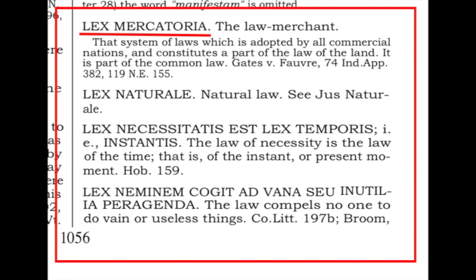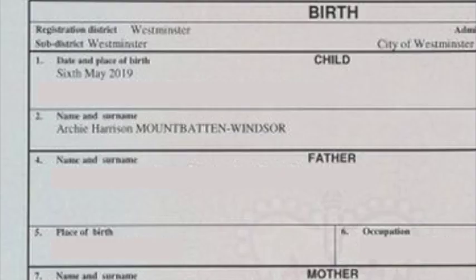Yeah, the Lex Mercatoria, the law merchant. Go and read it. Now, the thing about it, because we're living in a fictitious world, we are given fictitious names, and then fictitious names are written in capital letters.